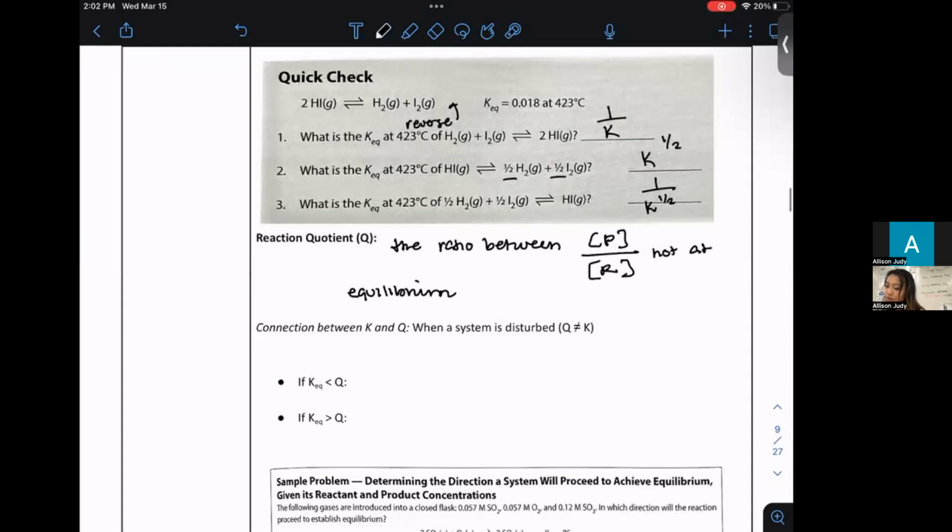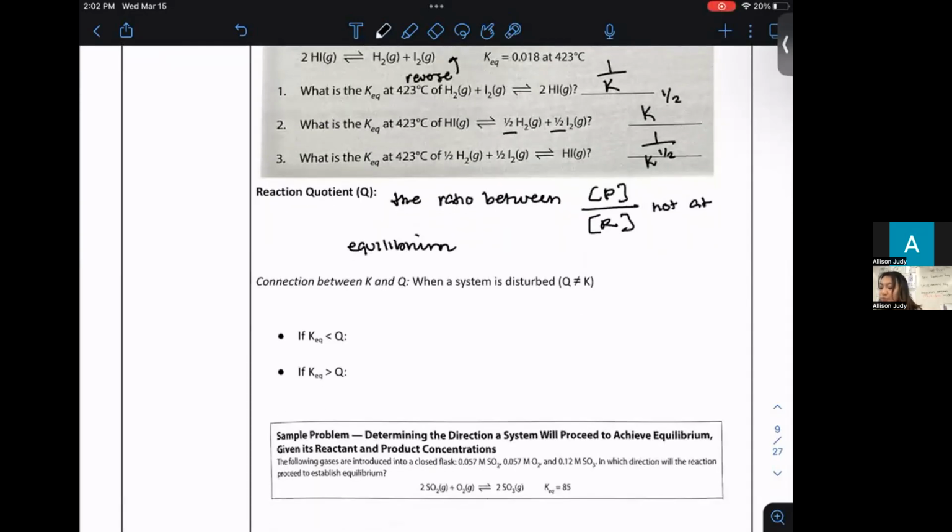Okay, not at equilibrium. So what's the connection between K and Q then? And please highlight the word not. Q, by the way, would have the same expression though. It would be C raised to C, D raised to D, all over A raised to A, B raised to B, just not at equilibrium.